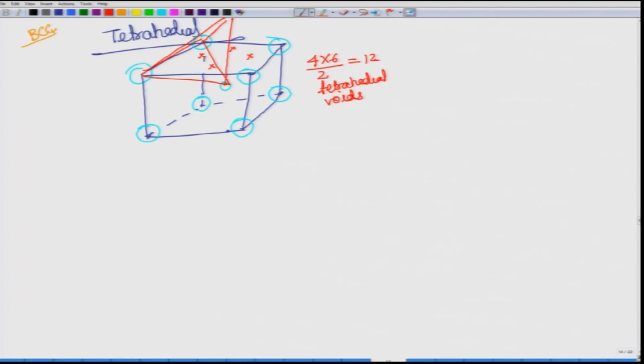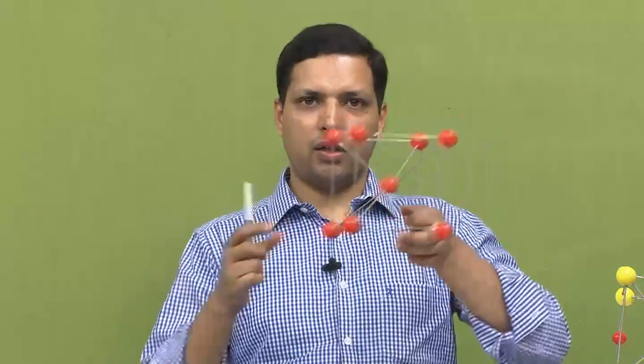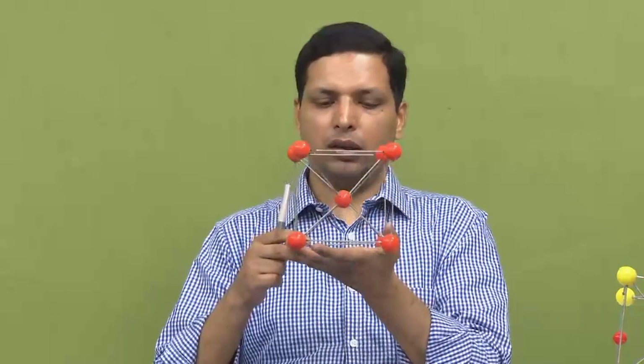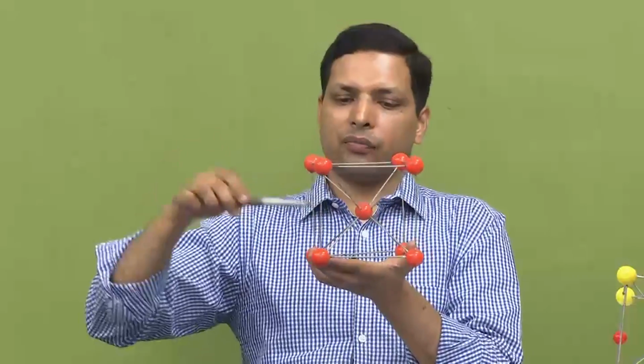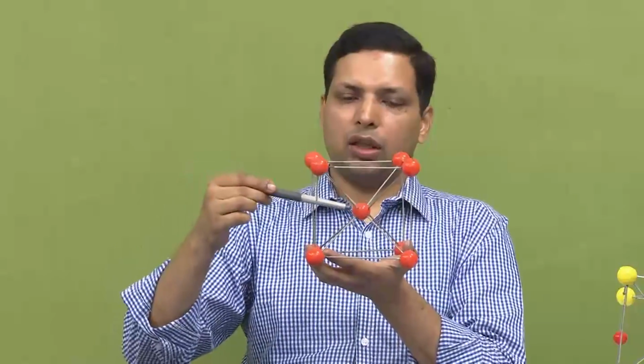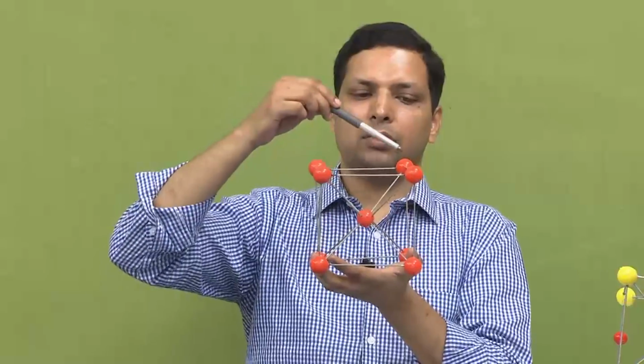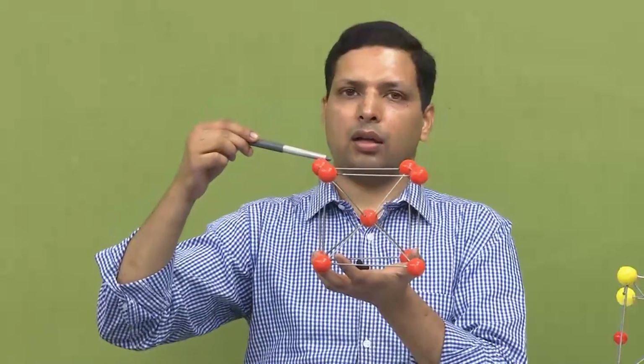Now, let us go back to our octahedral void. So, these are the tetrahedral voids. Now, let us look at octahedral. So, for that again let us come back to our BCC model. So, this is the BCC unit cell. Now, we will concentrate on this body centered atom, these 4 atoms on the corners.